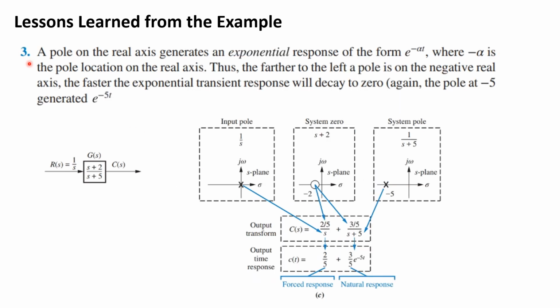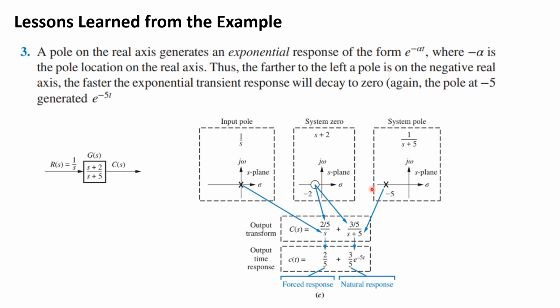Third, a pole on the real axis generates an exponential response of the form e to the minus alpha t, where minus alpha is the pole location on the real axis. So for example, here's a pole at minus 5 that generated the e to the minus 5t. We also note that the farther to the left the pole is, the faster it would decay to 0.